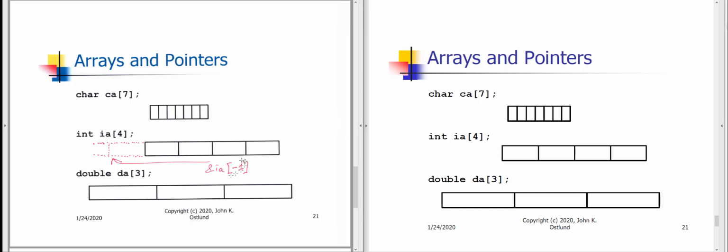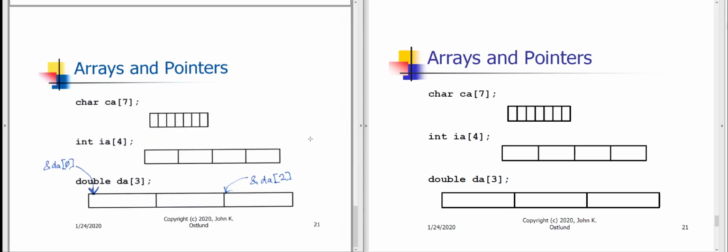It is 1 int's worth of memory prior to the beginning of IA, so the address of IA sub -1 is the address of this byte that's 4 bytes sooner than the beginning of the array. That is, that's 4 bytes earlier than IA sub 0. And again, we're relying on the fact that on our systems an int is 4 bytes wide. All right, and then finally here we have the address of DA sub 0, the address of DA sub 2.